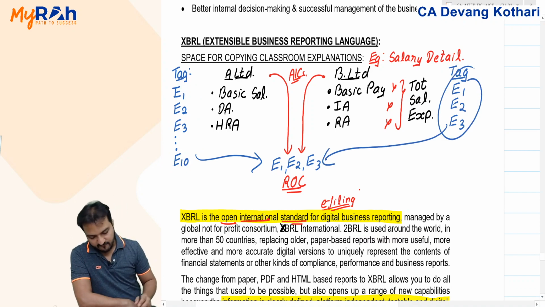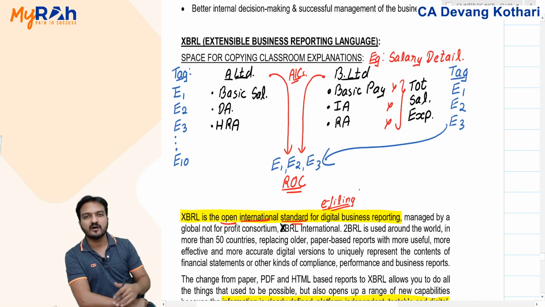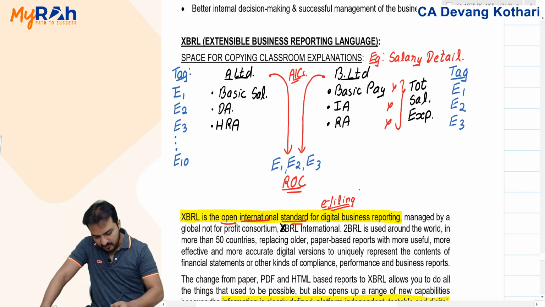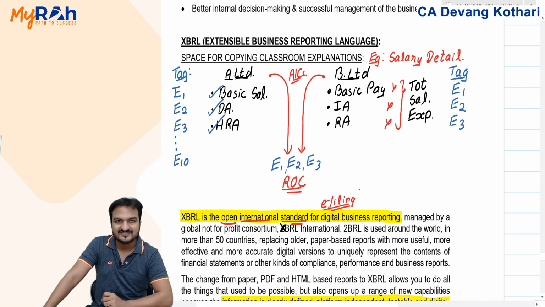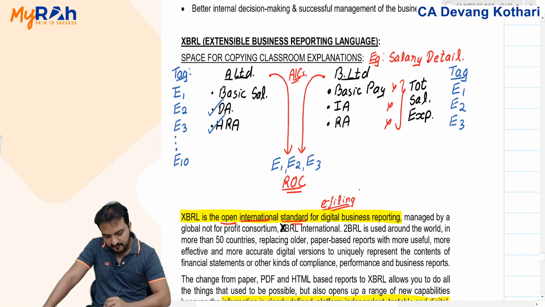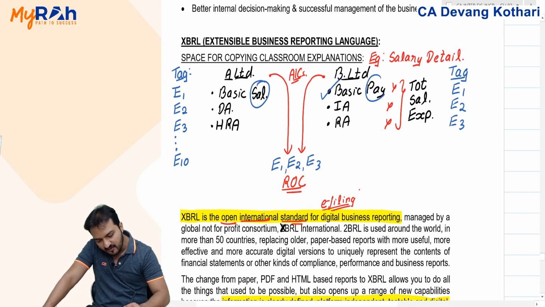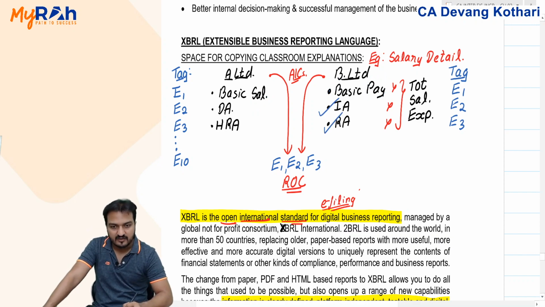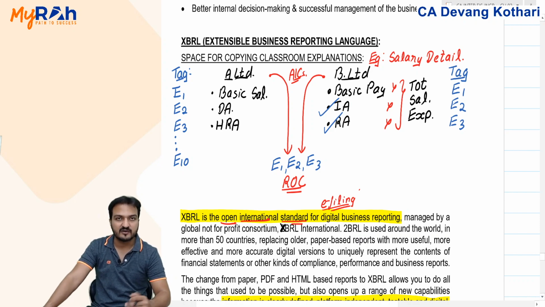For example, if A Limited is filing data about salary, then A Limited contains basic salary, DA allowance, HRA, three different ledger accounts. But similarly, B Limited is calling it basic pay instead of basic salary. They are calling it inflation allowance, and they are calling house rent allowance just rent allowance, RA instead of HRA.